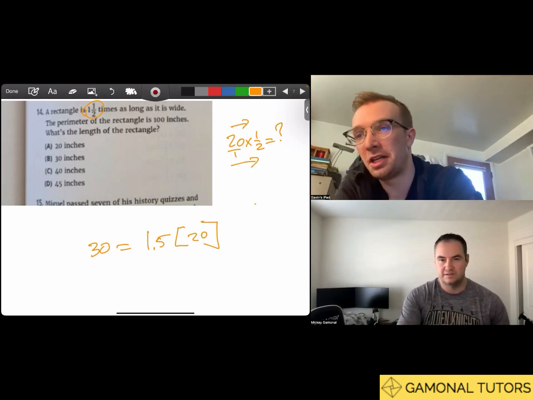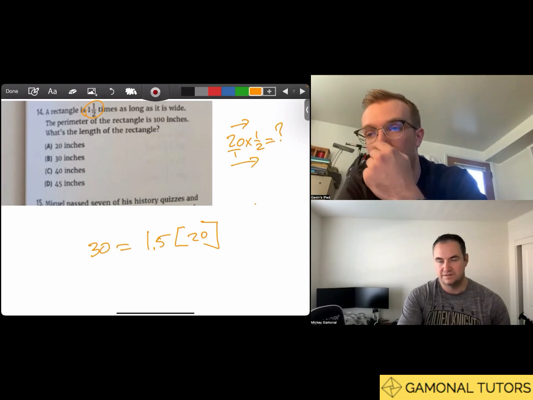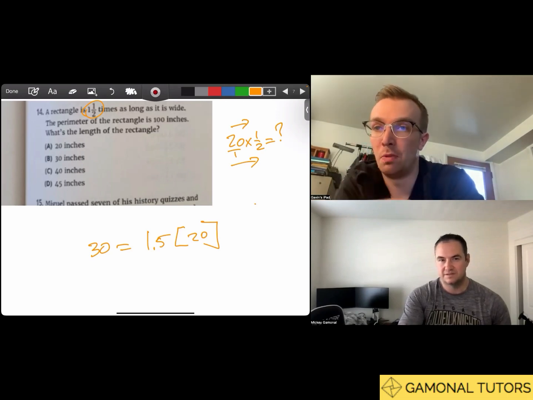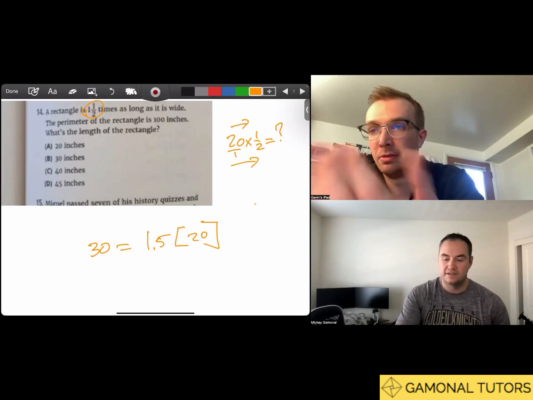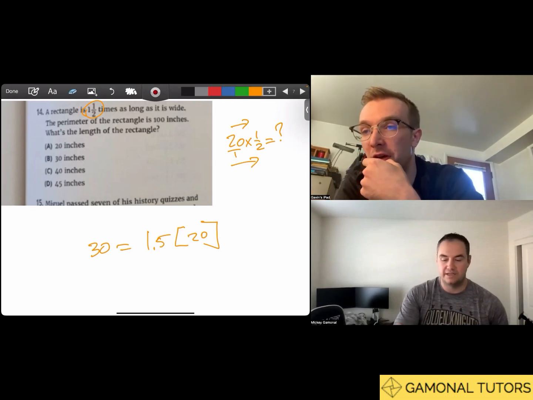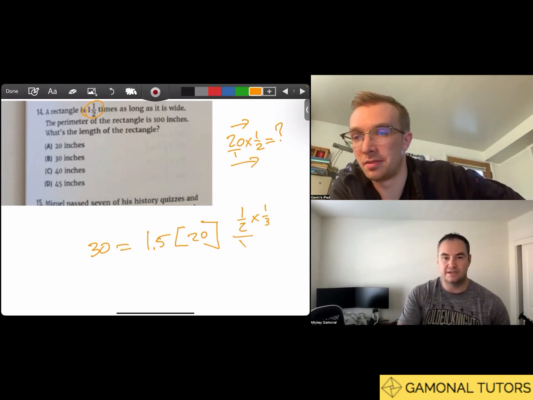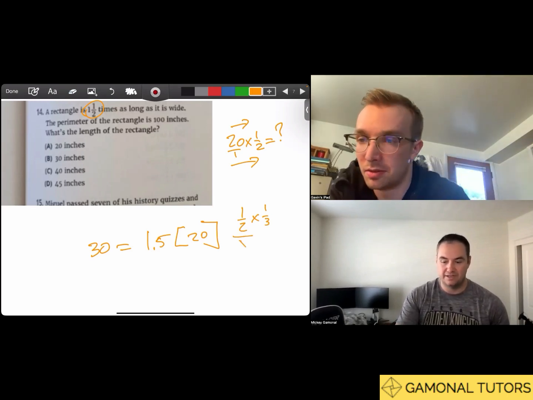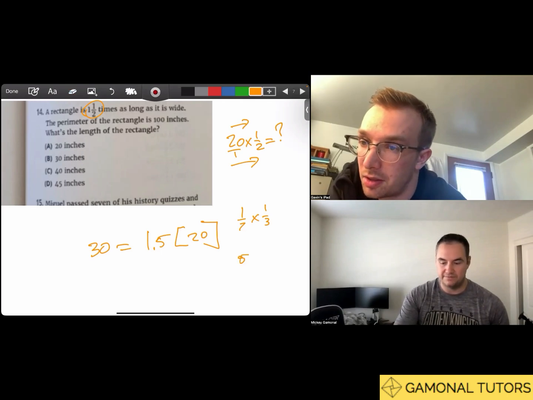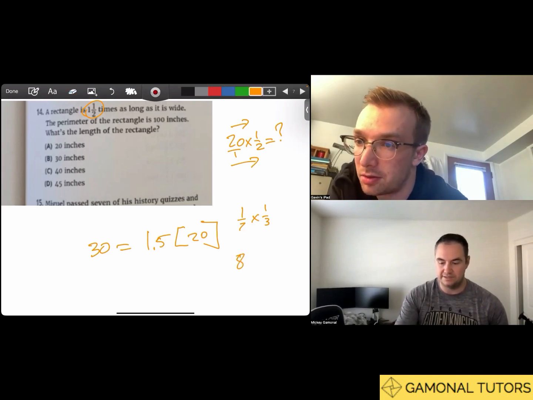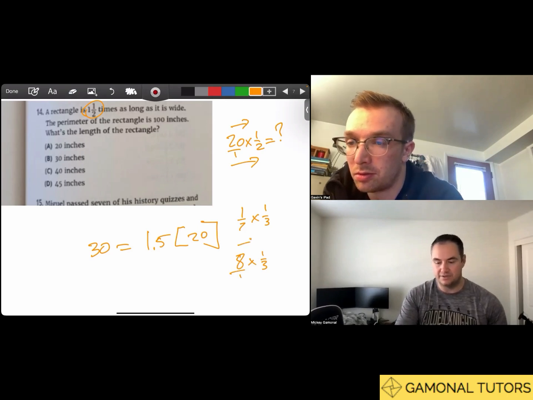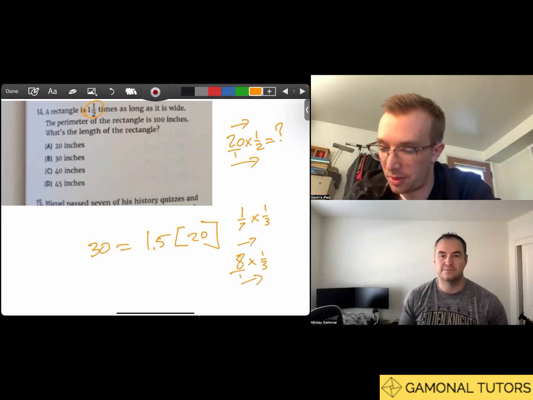So would you always put a 1 there? If it's a whole number, yeah. If it's like 1/2 times 1/3, there's no reason to put a 1 there because it's already set up for you. But if it's a messy 8 times 1/3, it's a lot easier if you put that 1 there because then you have a denominator to multiply across.